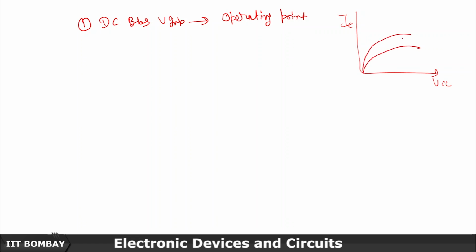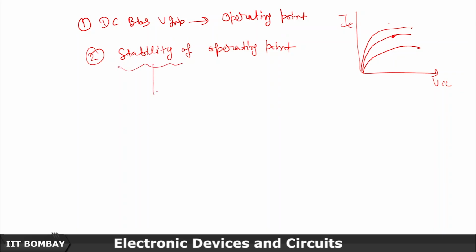So it decides where you are located, here, here or here, which region you are in. And the stability of the operating point is also very important for the smooth performance of the amplifier. So this stability will be decided by the configuration which you use. So we have discussed different types of configurations.